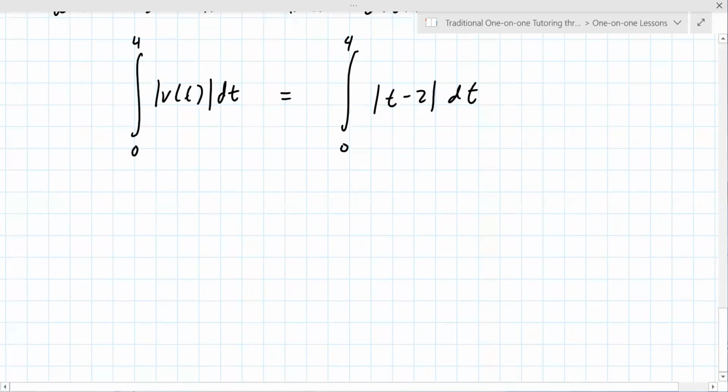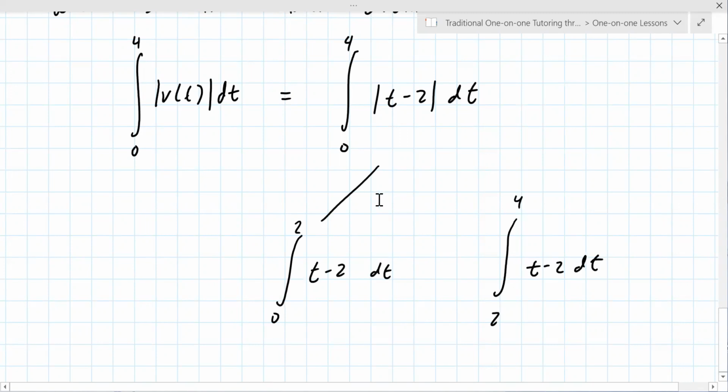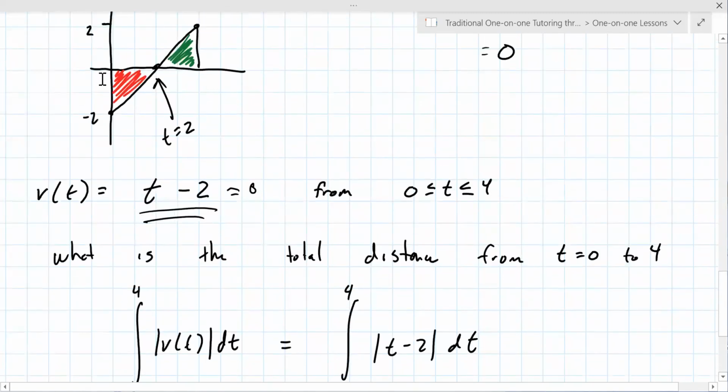So then it really becomes two integrals, and don't try to decode absolute value. Just recognize, okay, it's the integral from 0 to 2 of t minus 2 dt. How do you know to do 0 to 2 and 2 to 4? You're looking at where it hits there. Oh, okay, gotcha. So we're going to look at a problem next that looks like maybe something like this, and then you have to do 3 regions. Oh, okay.